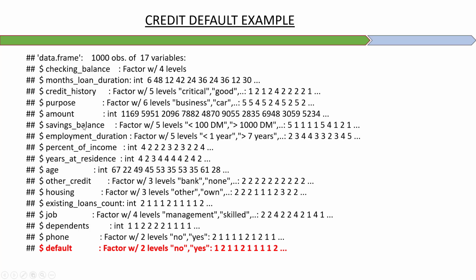We look at the amount of balance that they have in their savings account. The employment duration is another factor that we would use. What percent of the customer's income is this loan amount? The number of years at the current residence, that is another feature we look at, the age of the customer, and so on and so forth.